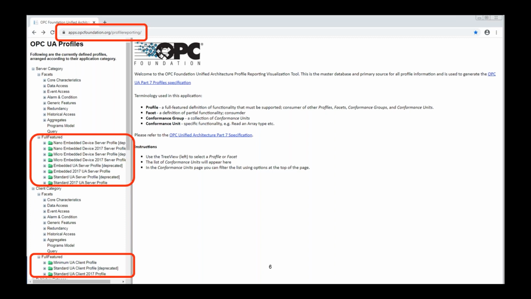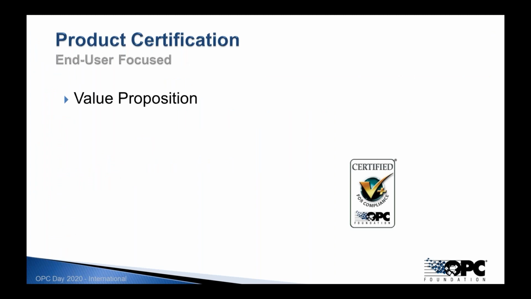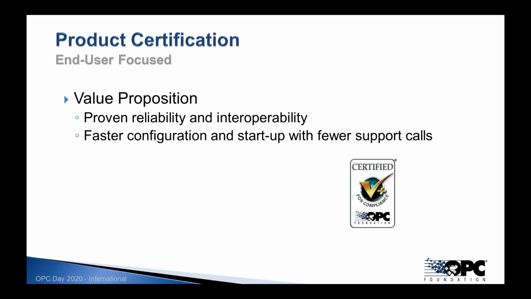Alex and Paul will talk more about the certification that then targets these, but in general, the value proposition of the product certification is that you have proven reliability and interoperability between the applications. You have faster configuration, startup with fewer support calls, because you already know that these are supposed to work as they promise.